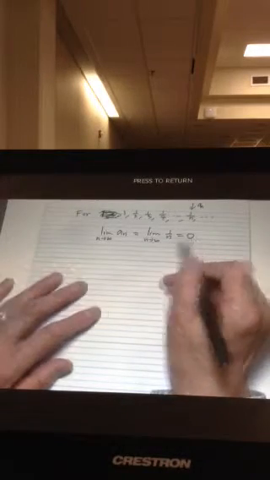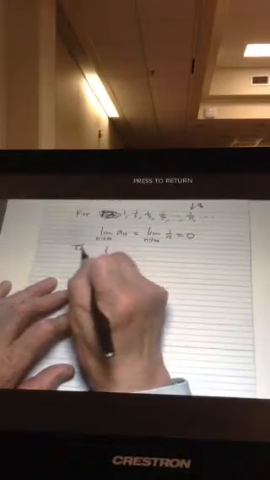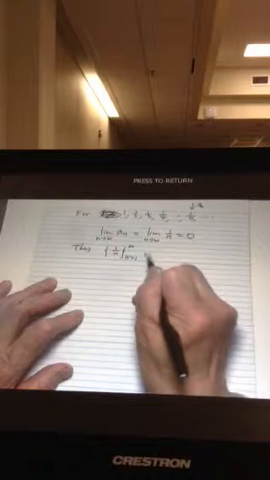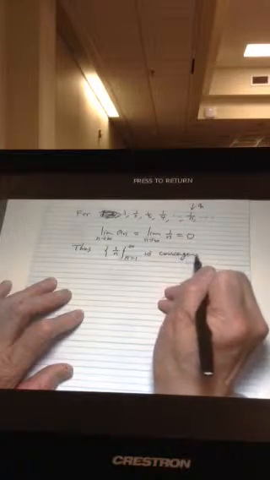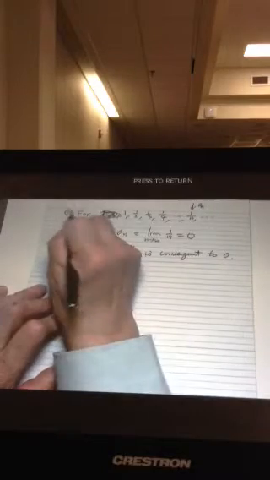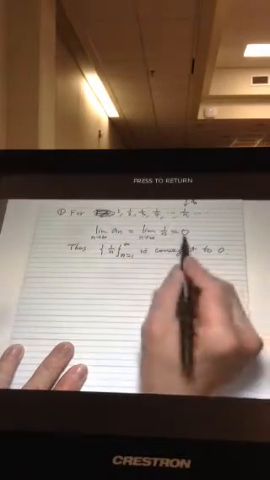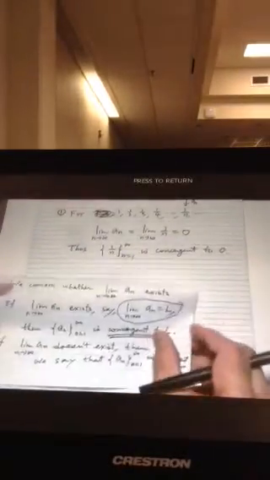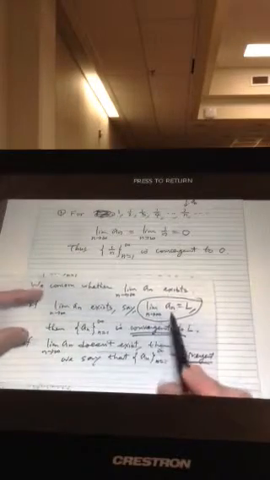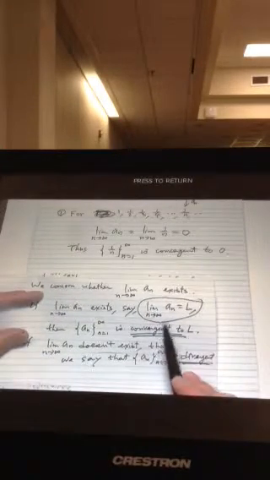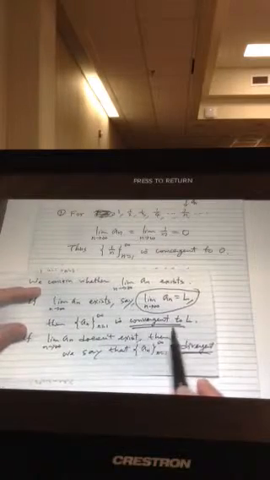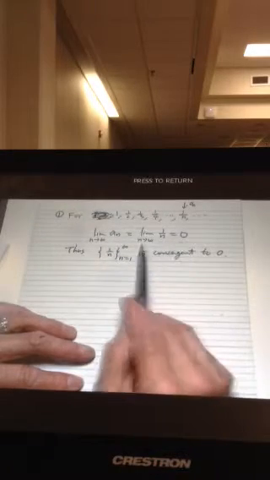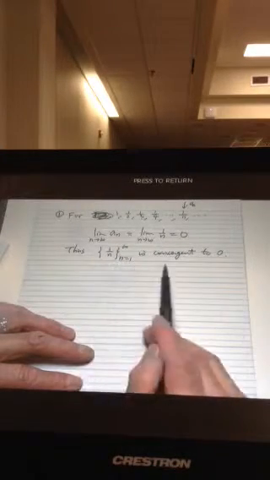Okay, 0 is a number, so therefore we say that this sequence, n from 1 to infinity, is convergent to 0, because the limit exists. If the limit of a_n equals L as n goes to infinity, then we say the sequence is convergent to L. So because the limit of 1 over n is 0 as n goes to infinity, 1 over n is convergent to 0.